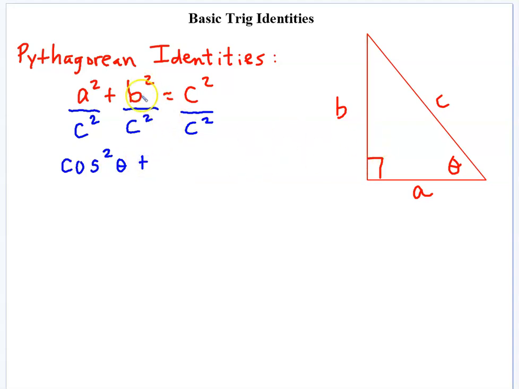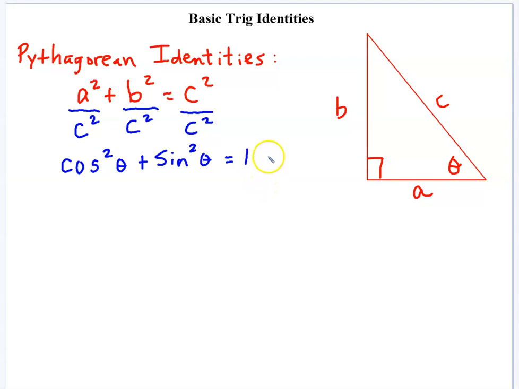Okay, and then this fraction says b divided by c, and when we relate that to theta, that's the opposite side of theta divided by the hypotenuse, and we remember that opposite over hypotenuse is another way of saying sine squared theta. The reason why these trig functions are squared is because both of these are squared. And then anything divided by itself, c squared divided by c squared, is just 1.